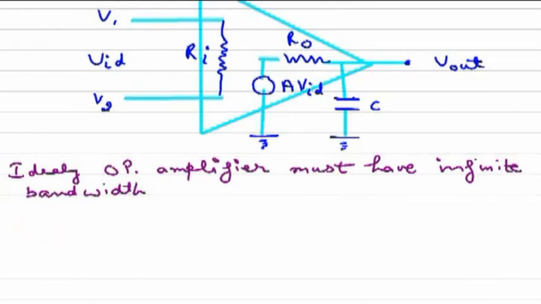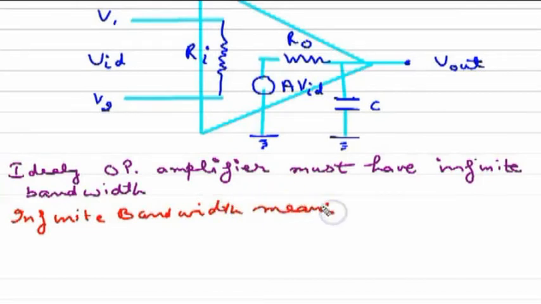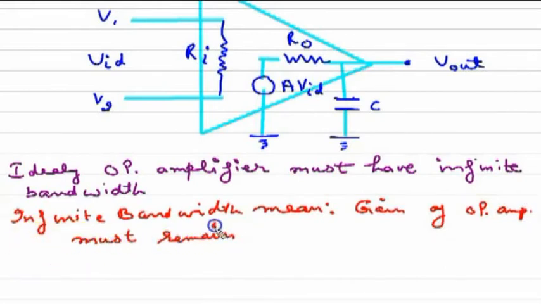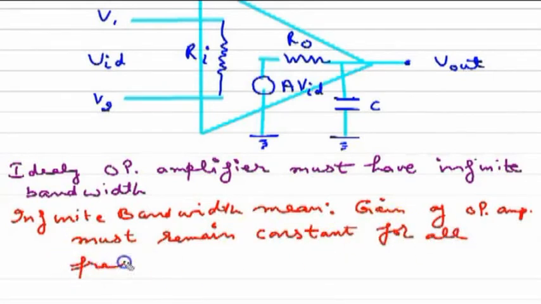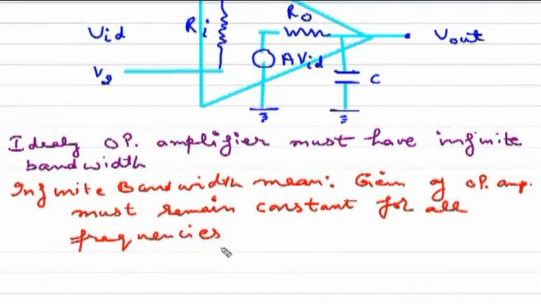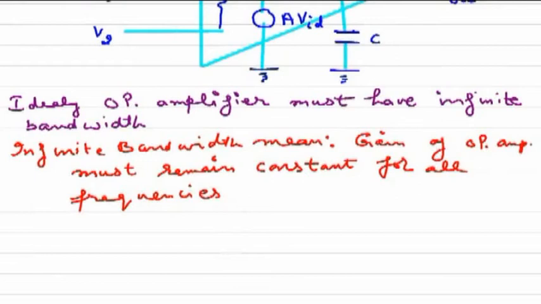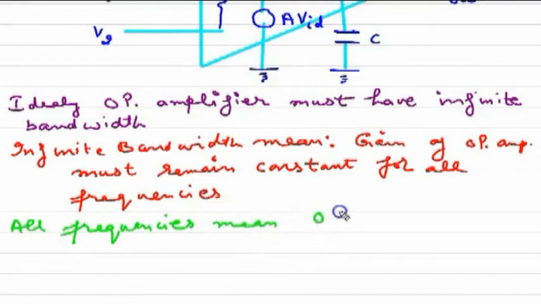Infinite bandwidth means the gain of the op amplifier remains constant for all the frequencies ranging from 0 to infinity. But in real practice, it never happens like this.